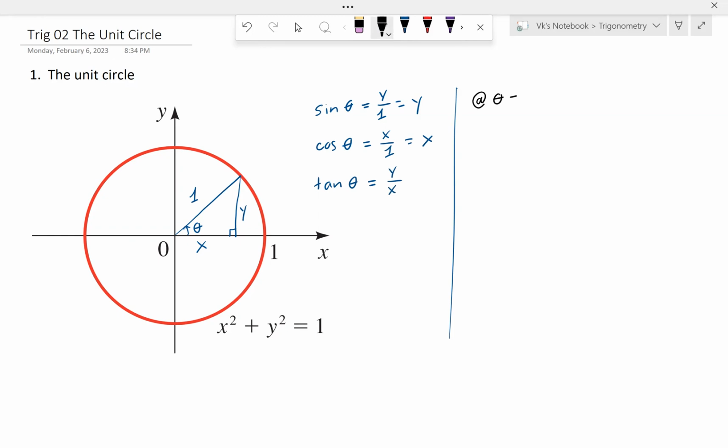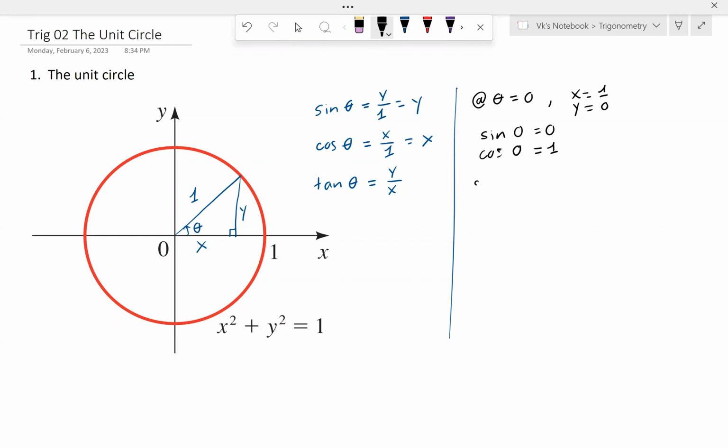At the angle theta equal to 0, what we see here is that x equals 1, y equals 0. And then from here, sine of 0 is 0. Cosine of 0 is 1.